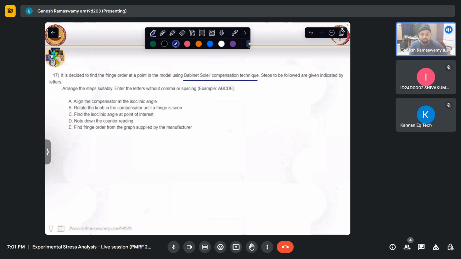One difference between this question and the previous one on finding the isoclinic angle is that there we had to shortlist first which of them form part of our steps and then arrange them. Here it is just that we have to arrange them suitably. So here first we have the model.